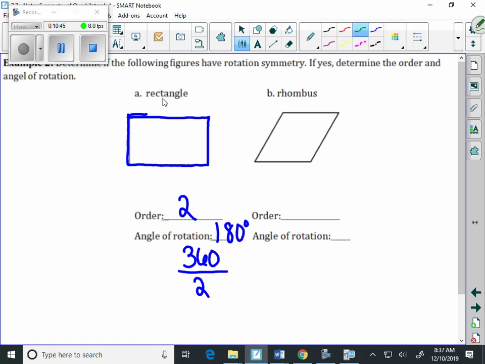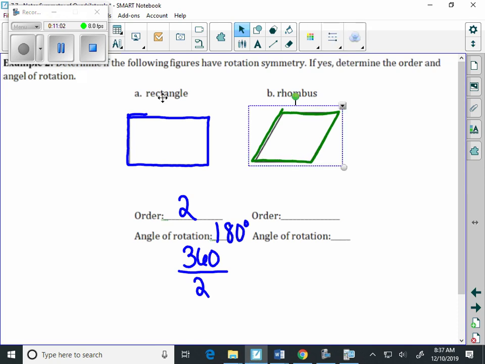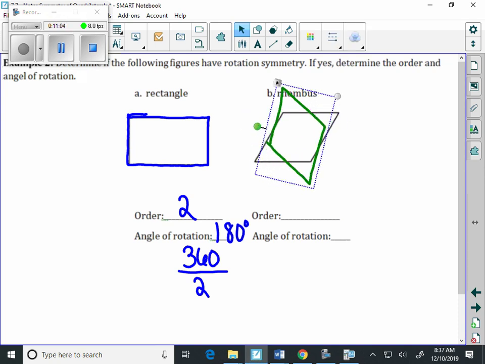Let's look at our rhombus. Again, highlighting it. I'm a little bit off on my picture, but let's see. If we turn, we don't land on it. There's one turn.